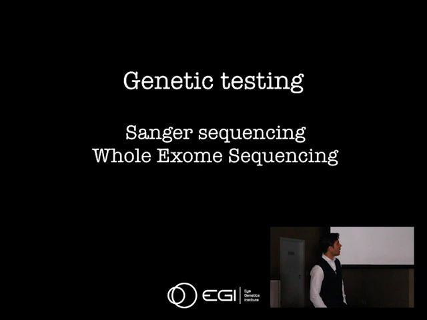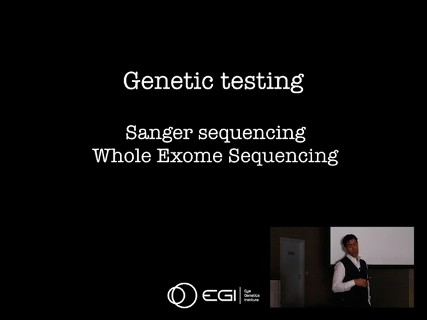All right, and in the next lecture, we will go deeper into genetic testing, the traditional Sanger sequencing, and whole exome sequencing, which is more and more popular every day.